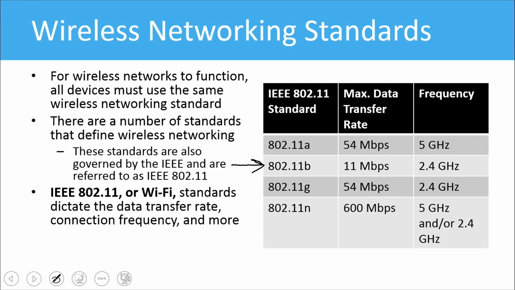It was the first to market, rather. Shortly after followed A. What I want you to notice is that these two are the key to really understanding this whole table. B came first, so its data rate was slow, and its frequency was low. A came along, and it was fast, and its frequency was high.